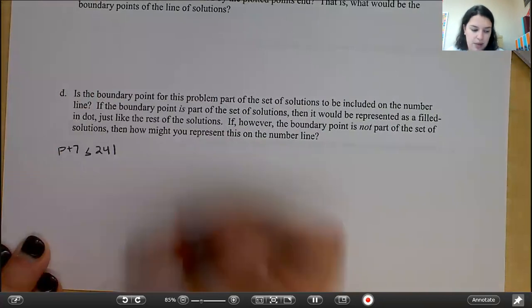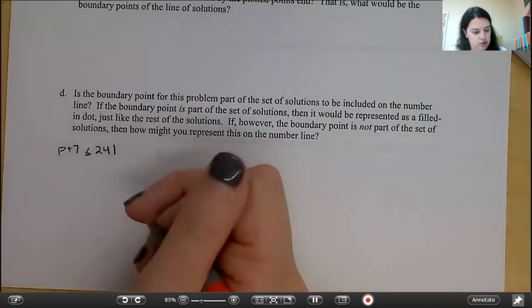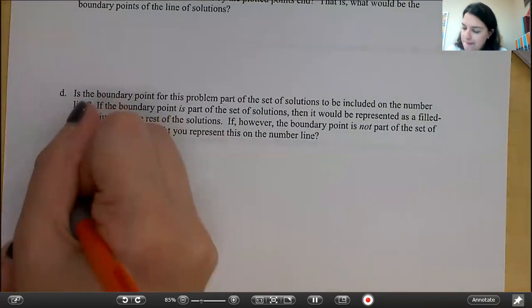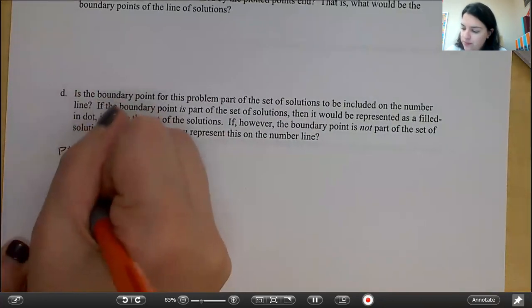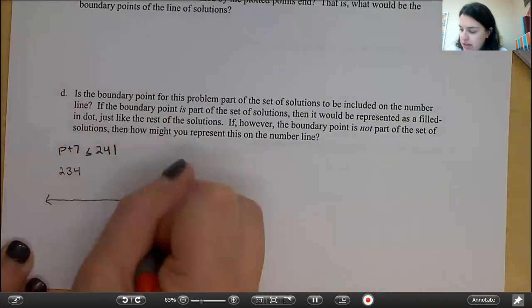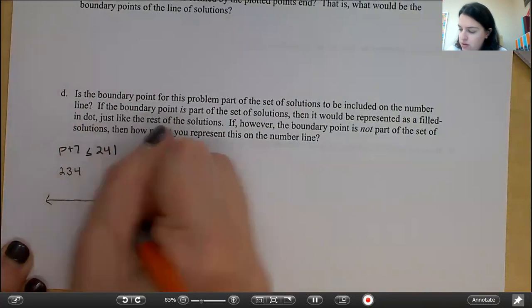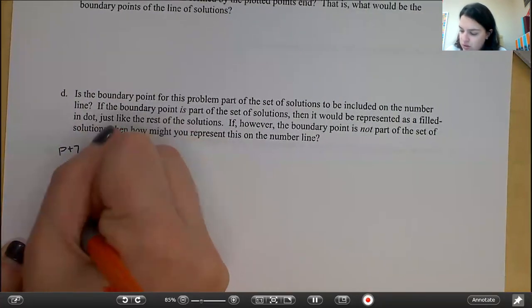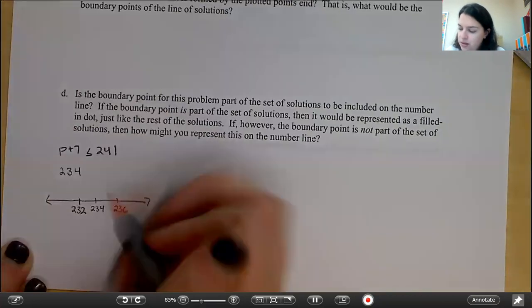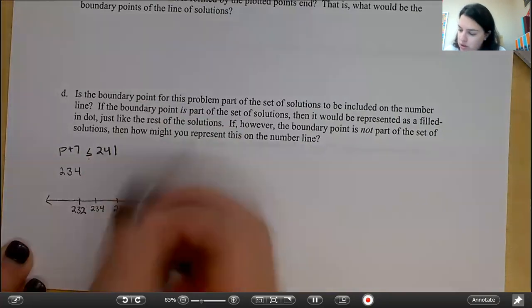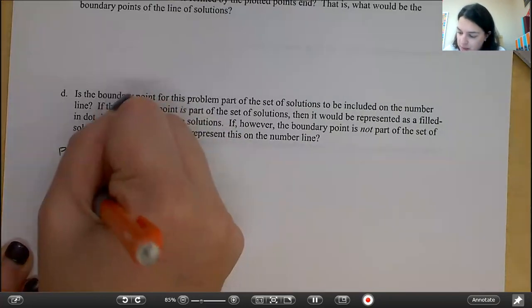So if I said my answer to this would be 234, when you graph an inequality, I'm going to just say 234, 236, this will be 232, etc. So less than or equal to means you are filling in the dot above your solution.